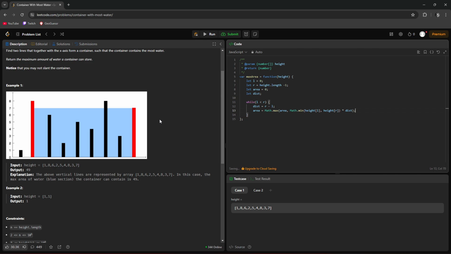Right, should be good. So we get the minimum height and times the distance is the area. Okay, makes sense.